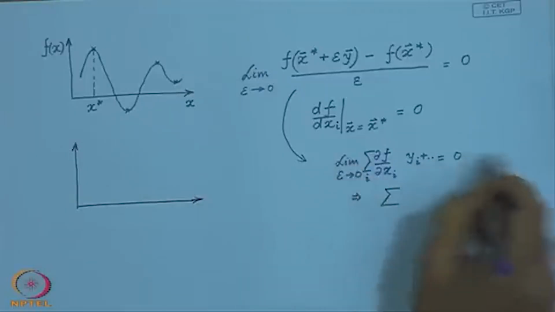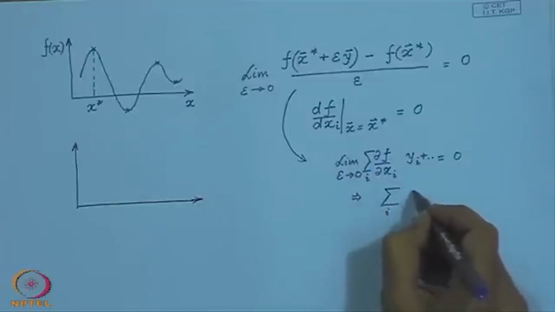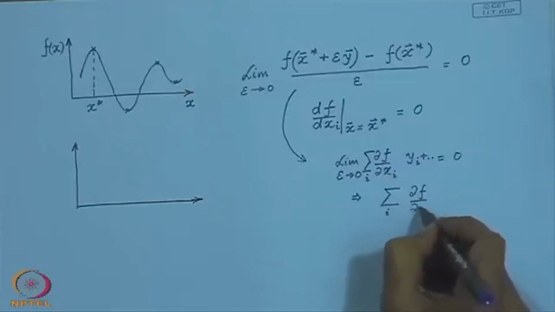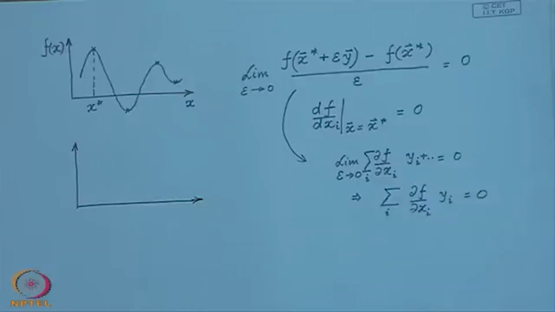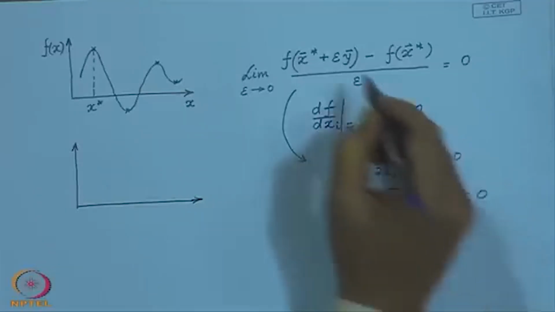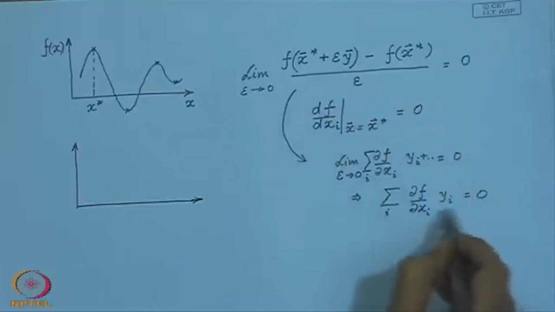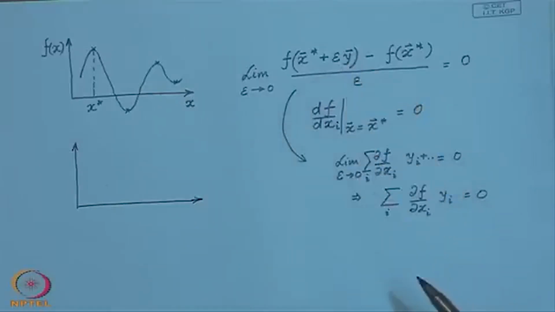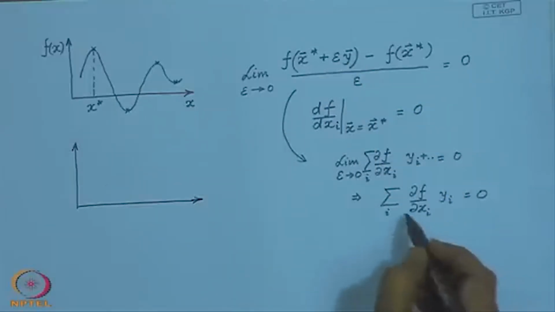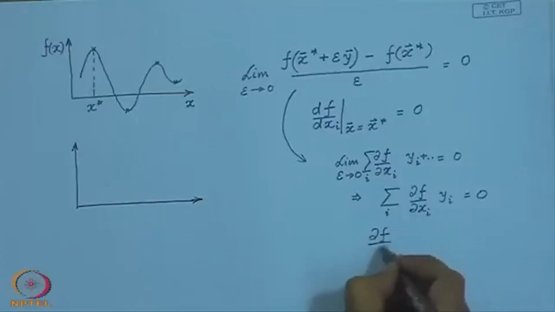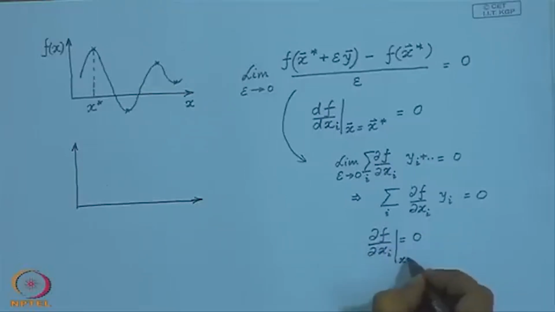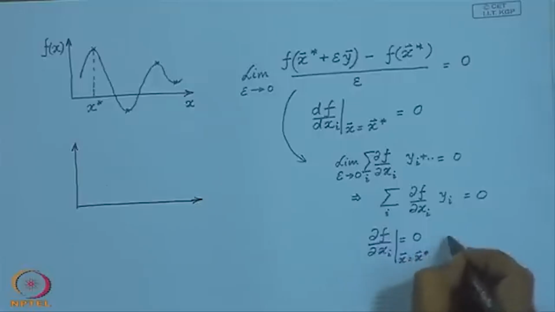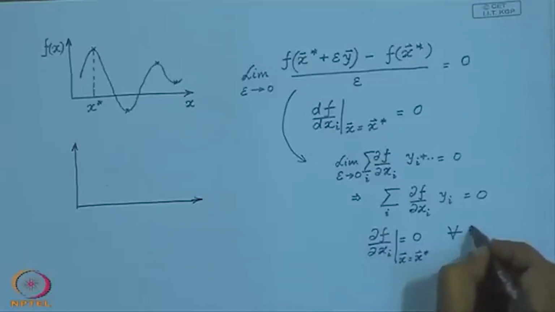So, when you take this limit, they will vanish. So, this is what we will get, and now as I said, this should vanish for arbitrary perturbations y. So, if this has to vanish for arbitrary perturbations y, then we must have this should vanish for all i.